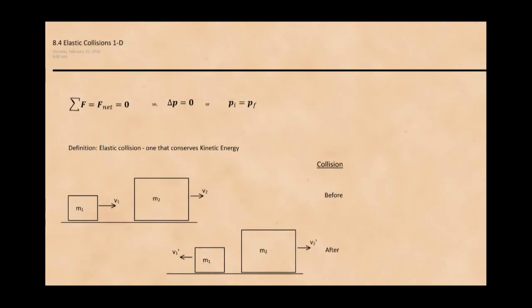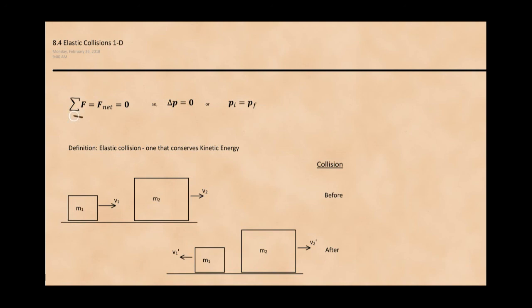Chapter 8, Section 4 deals with elastic collisions in one dimension. Again, we have Newton's second law. Sum of the forces equals change in momentum over change in time. And in collisions, if our system involves the two things that are colliding, then the sum of the forces will be 0, because the forces between the objects during the collision will cancel out by Newton's third law.